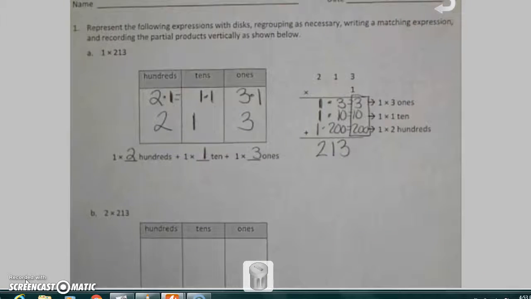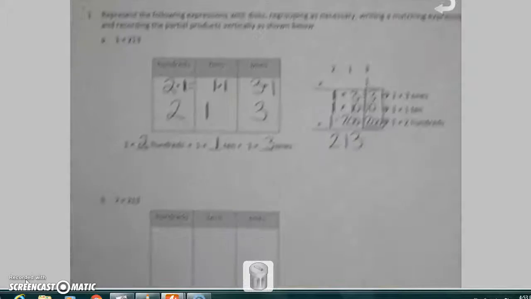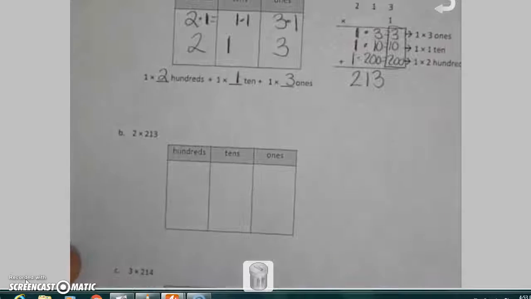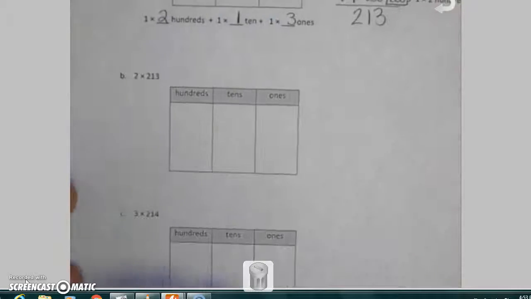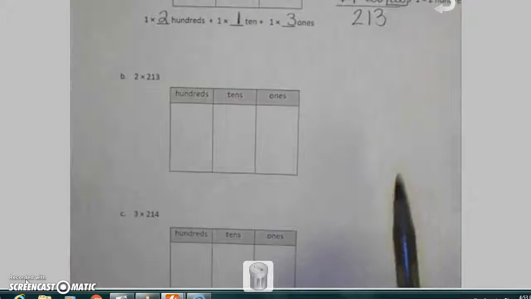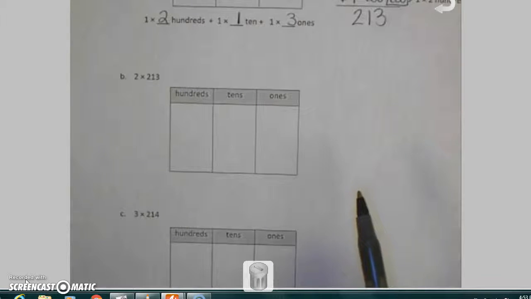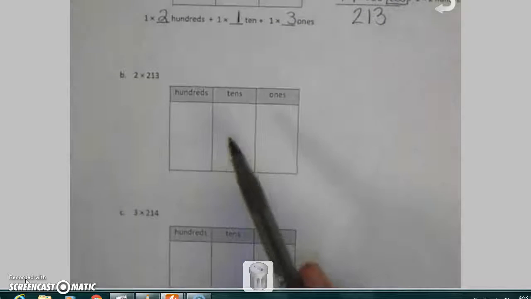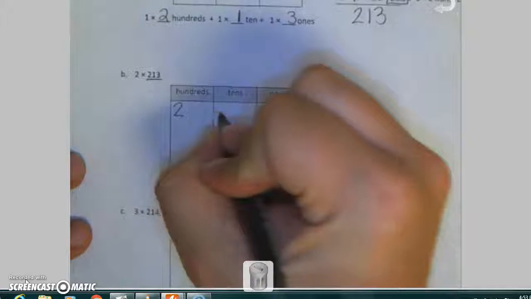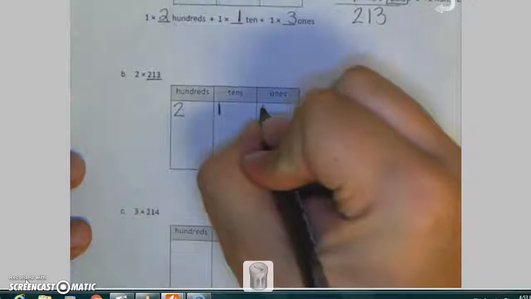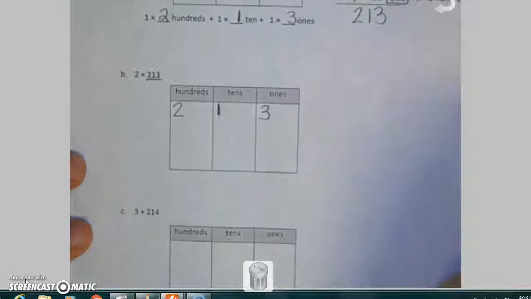So now that we see that, let's look at it if we happen to do 213 times 2. Now, we could probably just add 213 plus 213 to get 426. But let's see how our place value chart works. So again, I'm going to represent 213 by doing 2 hundreds, 1 ten, and 3 ones.